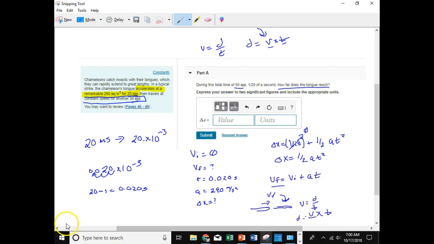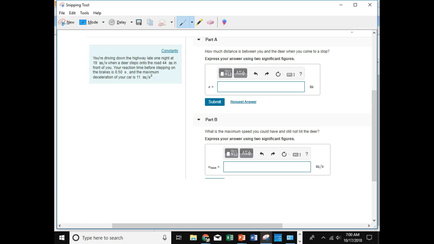That's an interesting question. Okay, so you're driving down the highway late one night at 19 meters per second. Look at that, you already have some information. When a deer steps into the road 44 meters in front of you, your reaction time before stepping on the brakes is 0.5 seconds, and the maximum acceleration of the car is 11 meters per second squared.